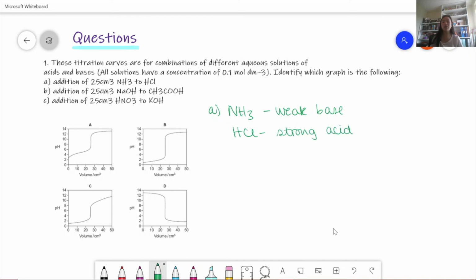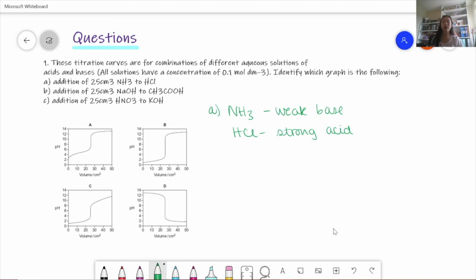It's very useful to remember some of these weak bases, strong acids, strong bases, weak acids examples, because sometimes they will ask you about different chemicals without telling you whether they are weak bases or strong acids.